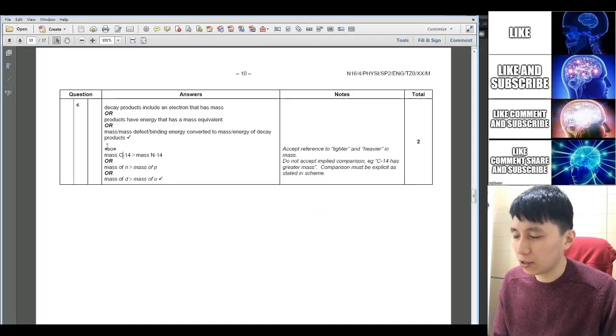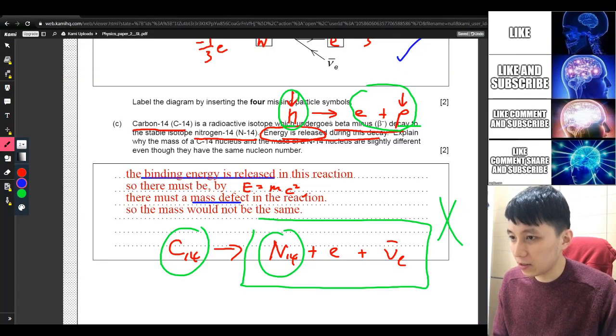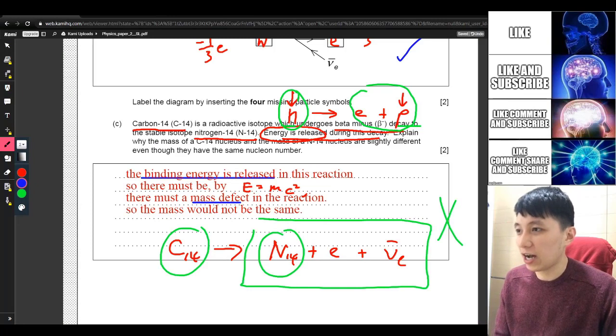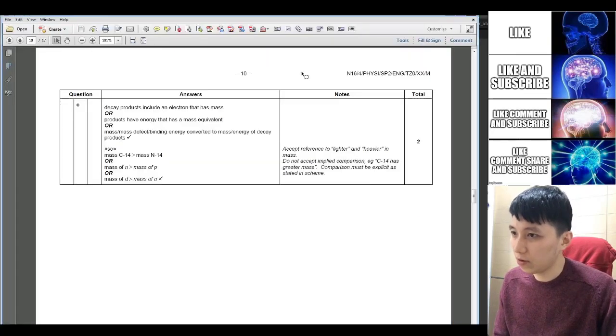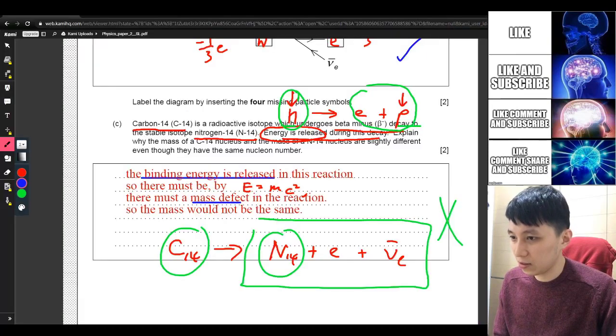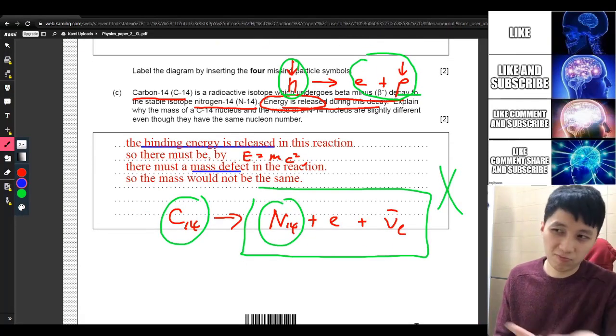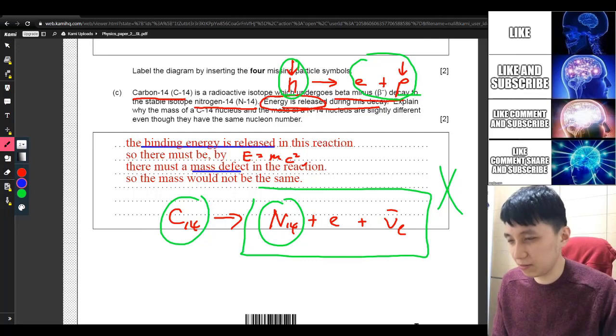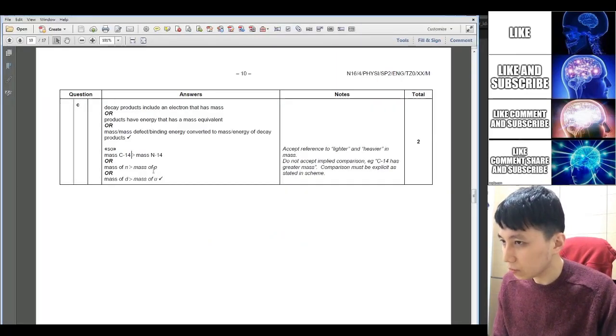I feel the question is a bit unfair here because they did not ask me which one. I mean, they did not ask me to determine which one is greater or smaller. So I feel it's a bit unfair to expect the candidate to talk about this. Okay, but that's why the grade boundary is quite low for physics compared to other subjects.